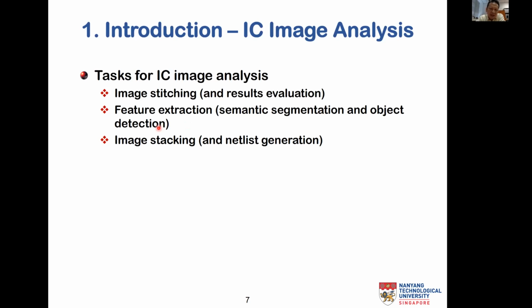Object detection means that you have to identify whether this is a transistor, this is an AND gate, OR gate, and so on. After this step, we can proceed to image stacking. You have 10 layers of images, so you stack them together based on their contact points or vias, because all this information is interlayer. And subsequently, you can generate a netlist.